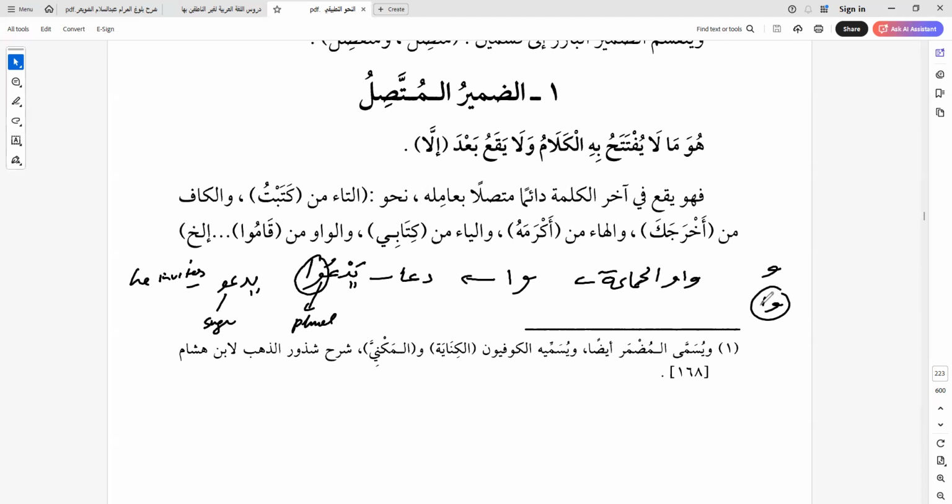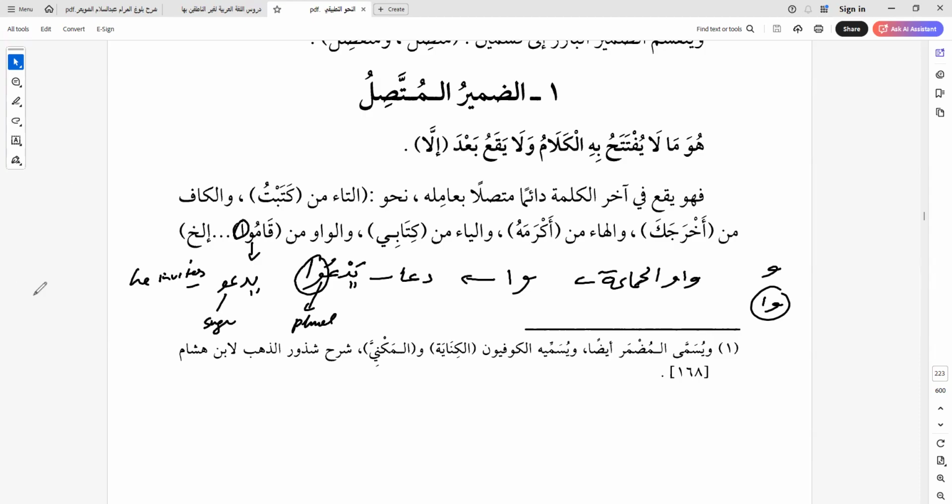So this wa that has alif in front of it is waw al-jama'ah. The one that has no alif in front of it is not waw al-jama'ah. Does it make sense? So this wa is in qamu. So there's alif here. This wa is the waw al-jama'ah, but this alif is a differentiator. Okay? Very, very important.